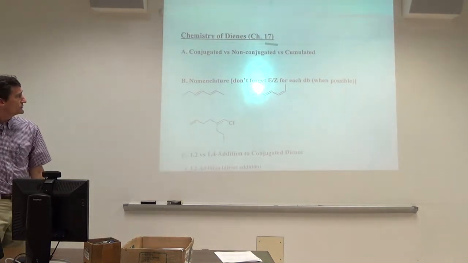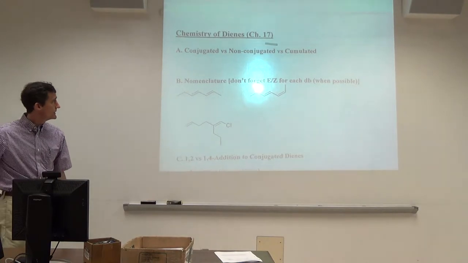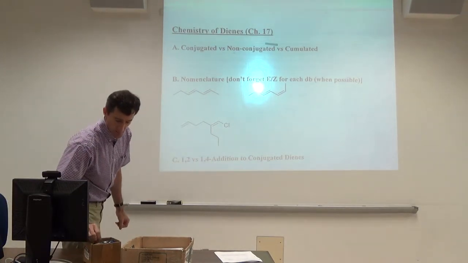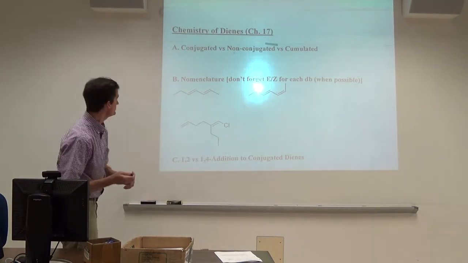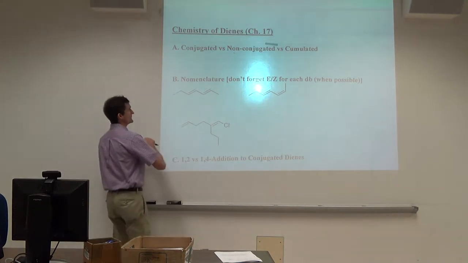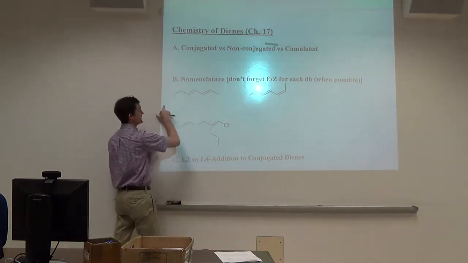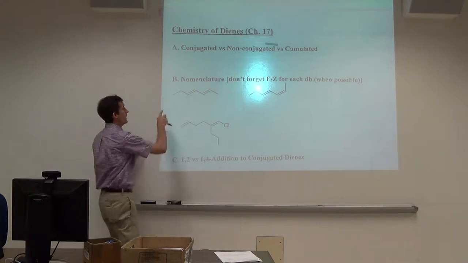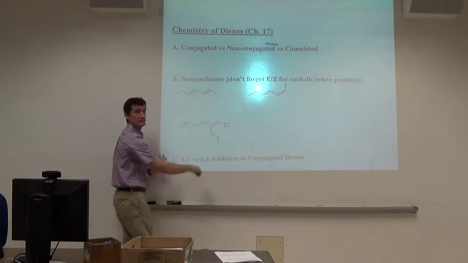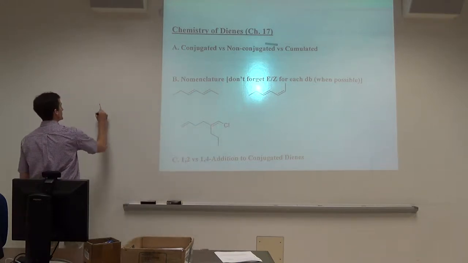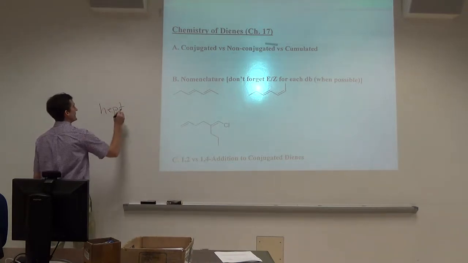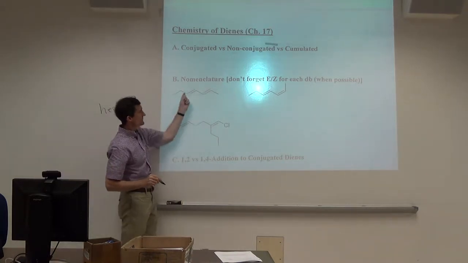Let's look at nomenclature of dienes. All nomenclature is very similar. This compound here, longest continuous carbon chain. 1, 2, 3, 4, 5, 6, 7. So this is going to be a hept. If this was just one double bond, it'd be a heptene.